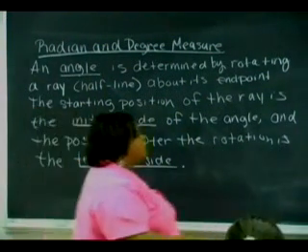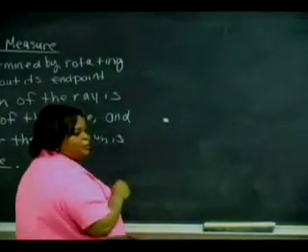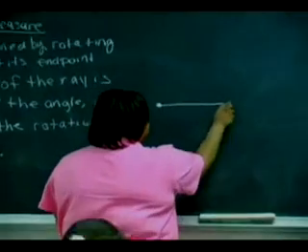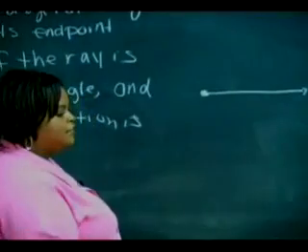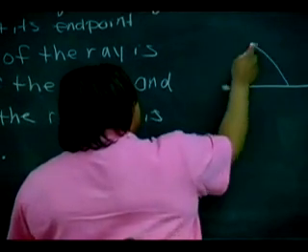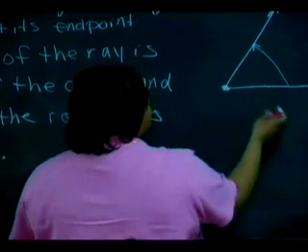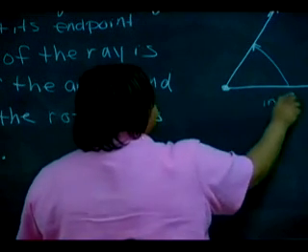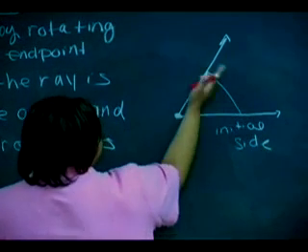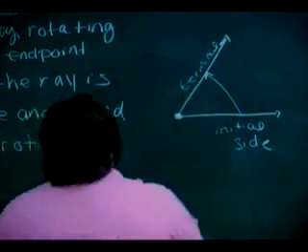the terminal side. So what that means is if we have some initial point, okay, and we have that half line, when we rotate this line, let's say we'll end here, then this is our initial side. When we rotate this line and we stop here, this becomes our terminal side.